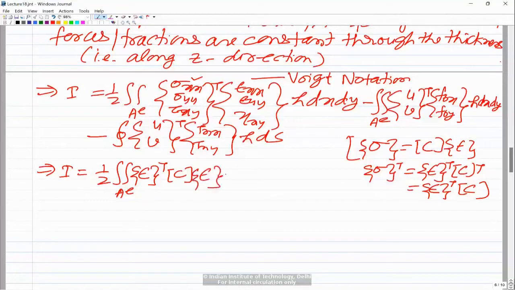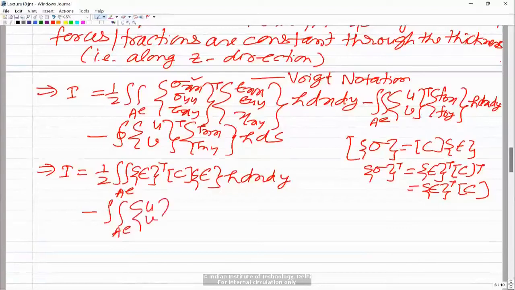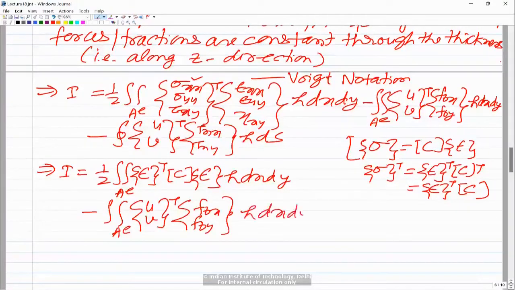into h into dx dy, minus again the integration over area of the body forces. Those are there as they are: u v transpose f bx and f by, h dx dy, and minus of course the boundary integral.